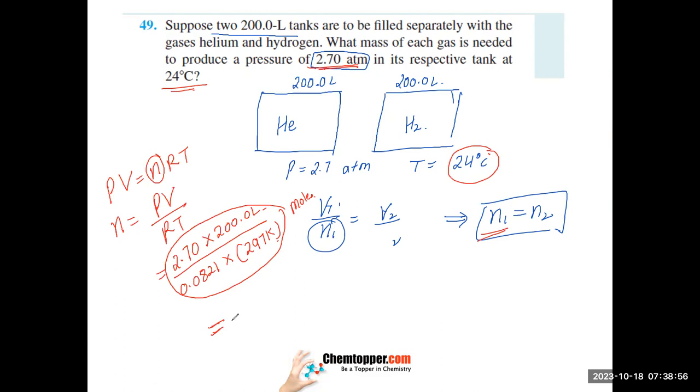Anyone doing calculation? Vivan, Afan, you can do calculation very fast. Afan, show me the calculation. No, not just the answer. Okay, I want the calculation.